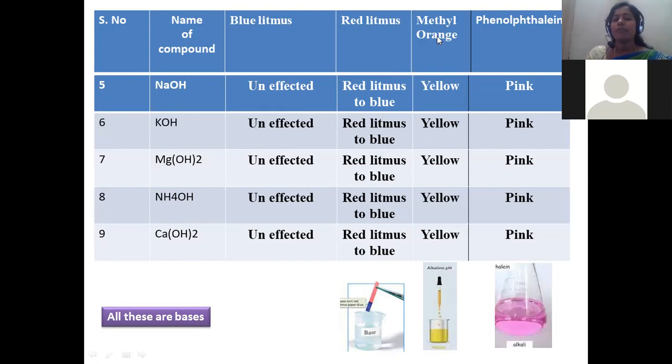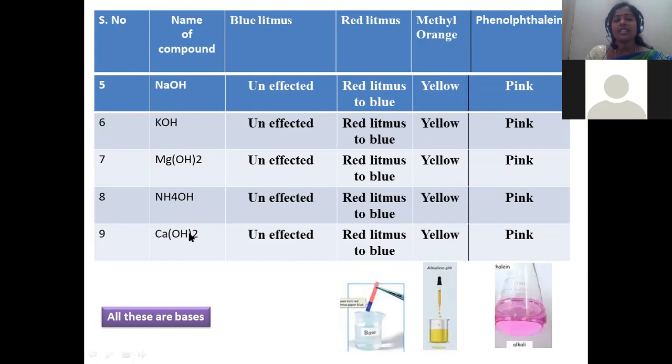Right? Whenever methyl orange is taken, methyl orange exists in yellow color under these basic conditions. Always methyl orange will give yellow color under basic conditions. When phenolphthalein solution is added to these aqueous solutions, always under basic conditions, the phenolphthalein color will be pink.